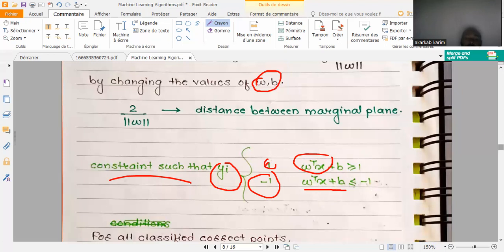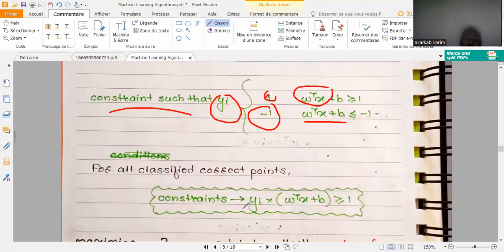Okay, but this constraint should be this. Why? Because if Y is equal to minus 1, and this is also negative, what happens? The result of this equation should be negative.